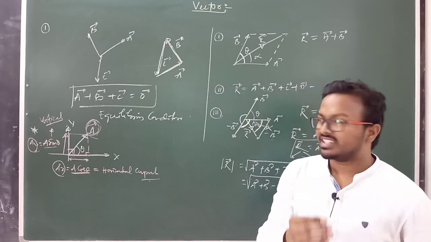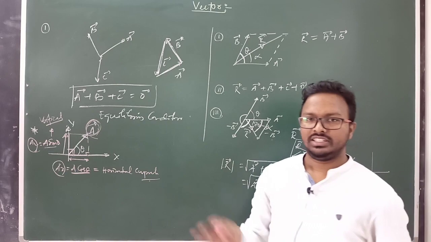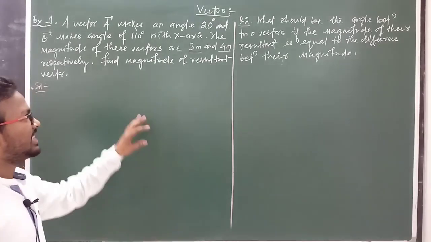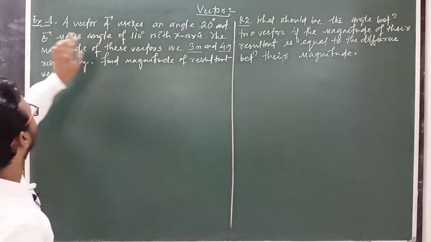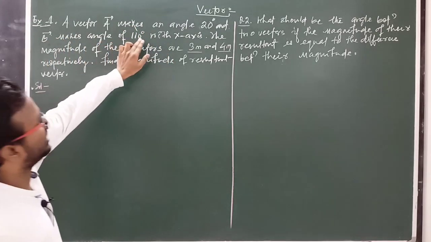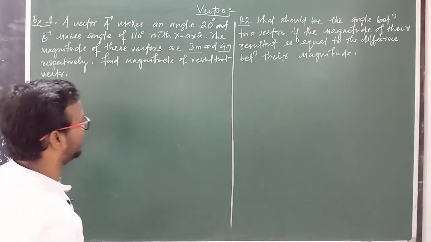Clear? So now let's start problems based on this concept. Now let's start question number 1. Given that vector A makes an angle of 20 degrees and vector B makes an angle of 110 degrees with the positive x-axis.